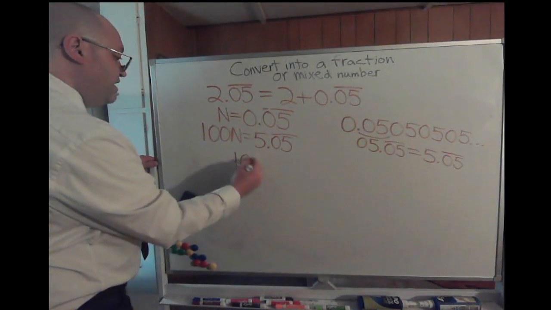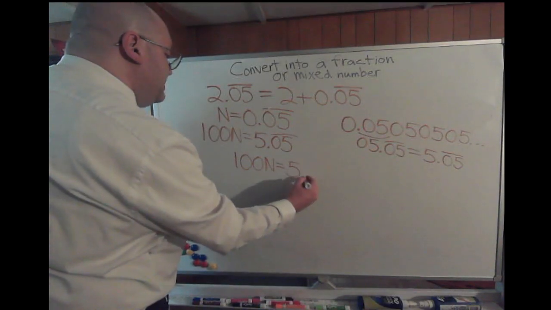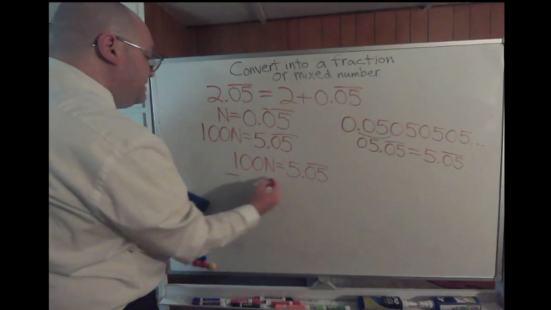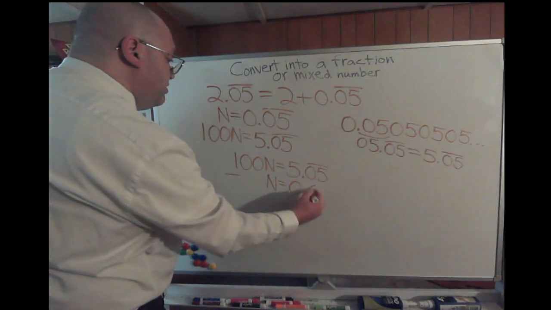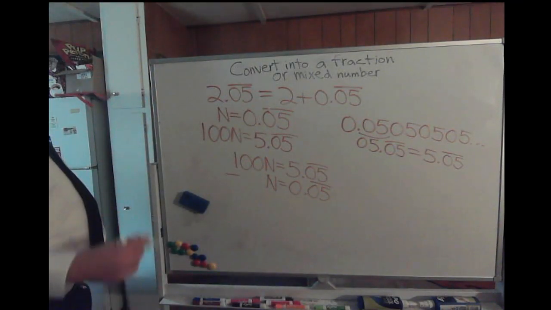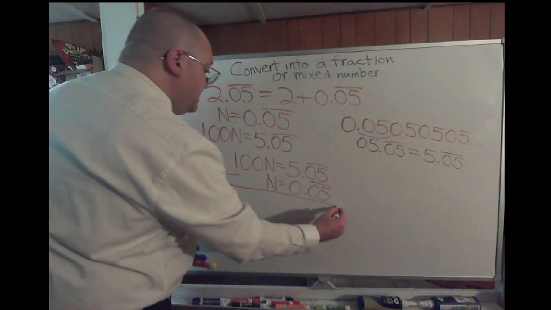So you'll have 100n is equal to 5.05 repeating minus your n, which is equal to 0.05 repeating, or bar, if you just want to call it 0.05 bar. So go ahead, do your subtraction.